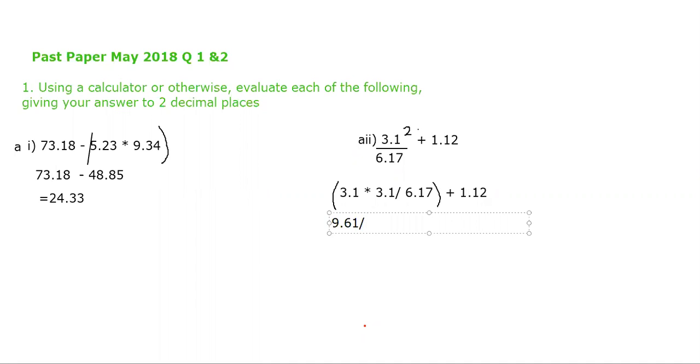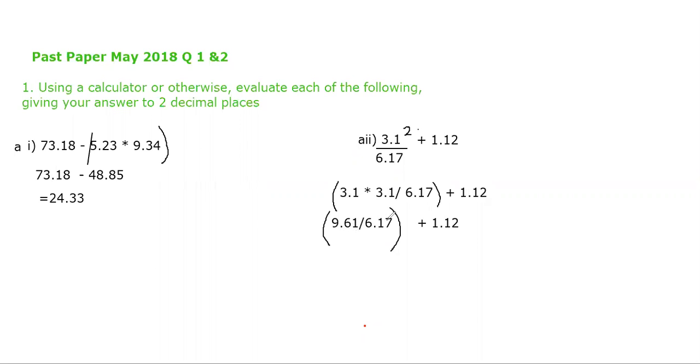And that would be divided by the 6.17. May add that little space here. And of course, that would be added to the 1.12. And don't say 1.12, because once it passes the decimal point, you count it as single digits, not as double digits to say 12 or 34. No, 1.12, right?